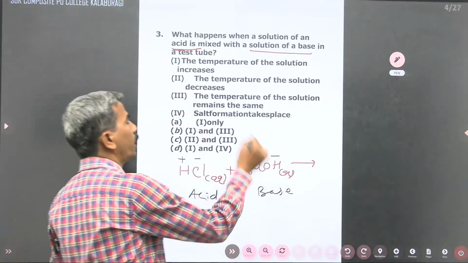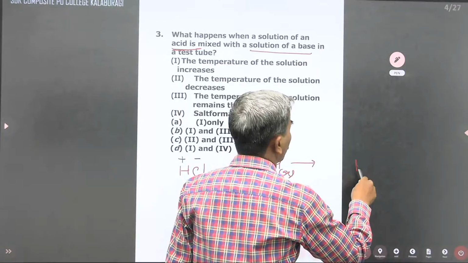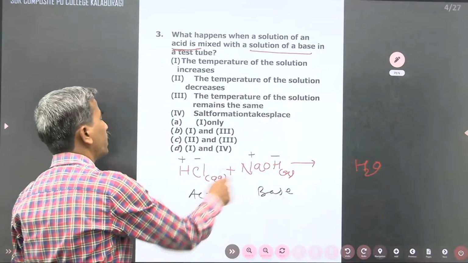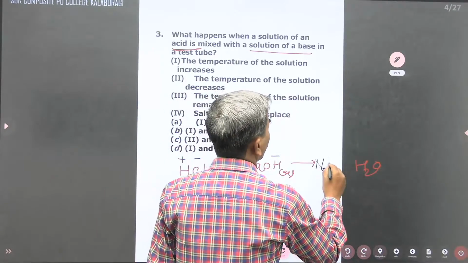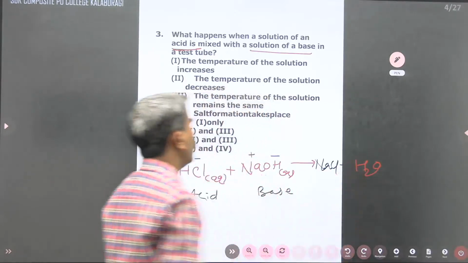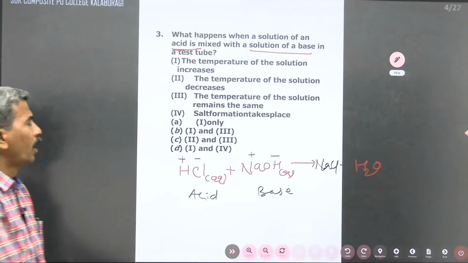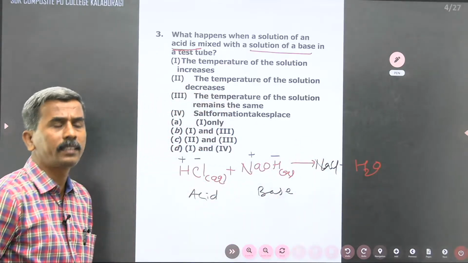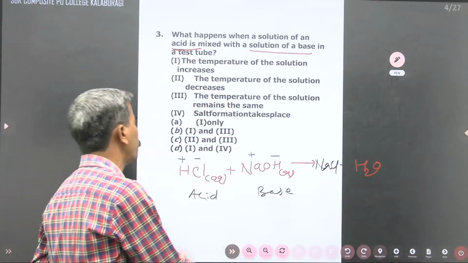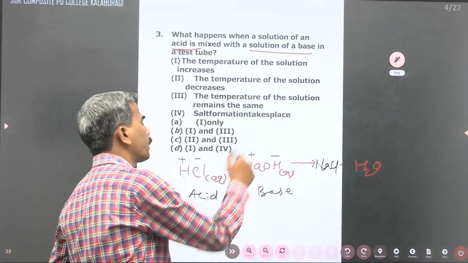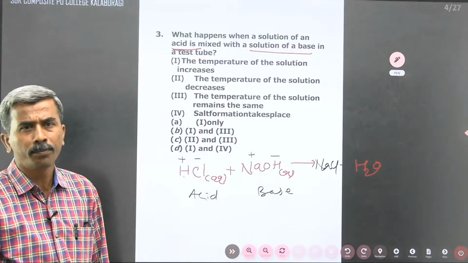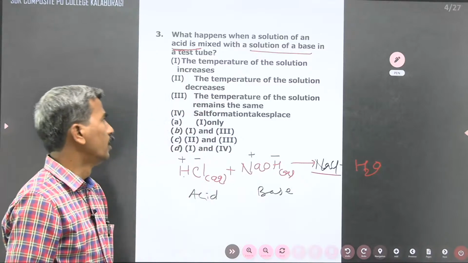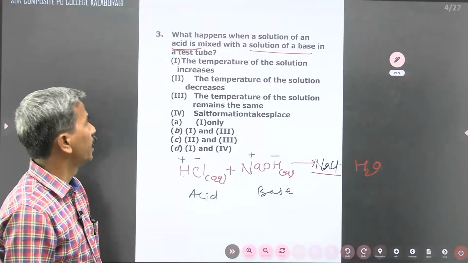This H plus and OH minus will convert into H2O, whereas the rest will form sodium chloride. This reaction we call a neutralization reaction, because the number of H plus and OH minus ions produced in this reaction is the same, and the resulting solution is going to be neutral. That's why it is called a neutralization reaction.